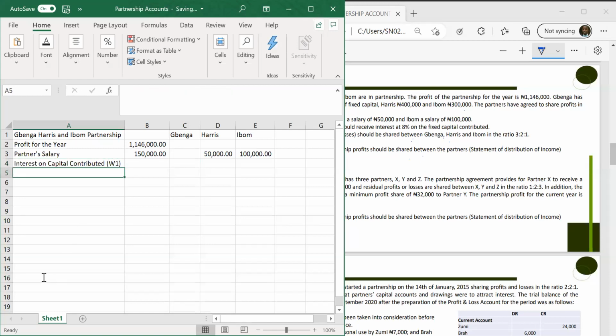You can put their capital contribution, the fixed capital for each person. The first person is Benga. Let me just copy it from here to make it faster.